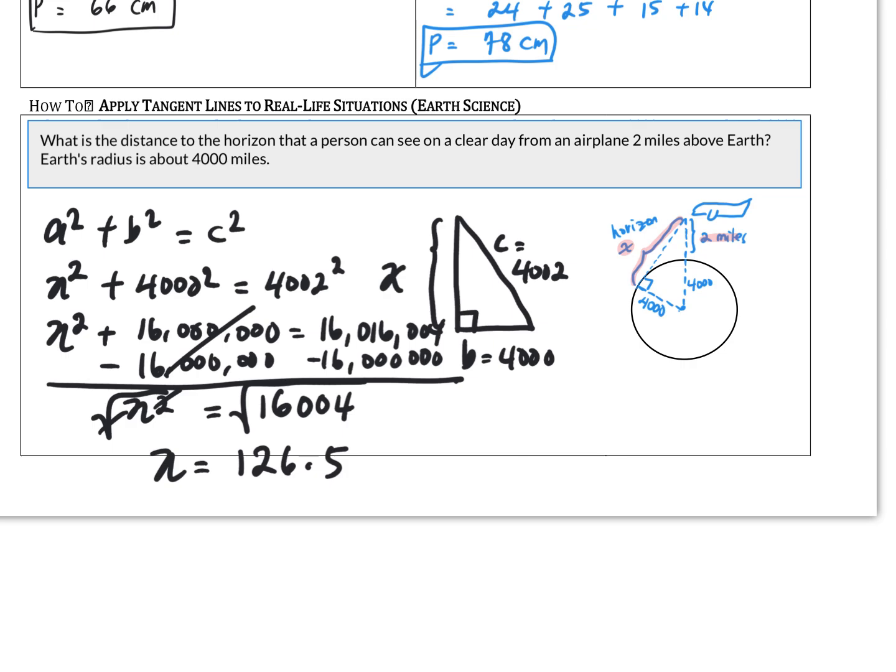So now we can simply say that the distance, because we are asked here about the distance of the horizon, is approximately 126.5 miles from the horizon.